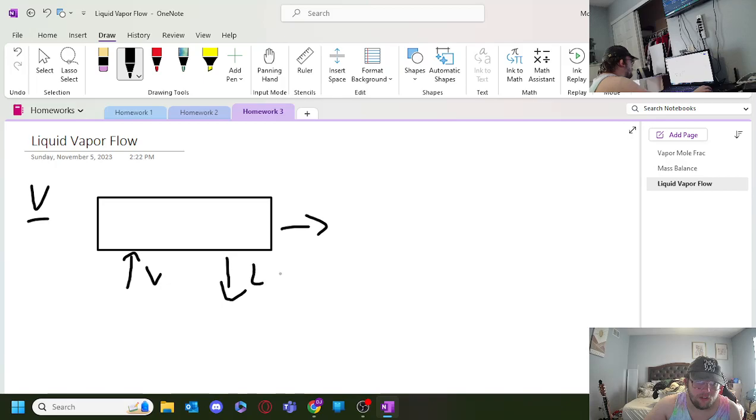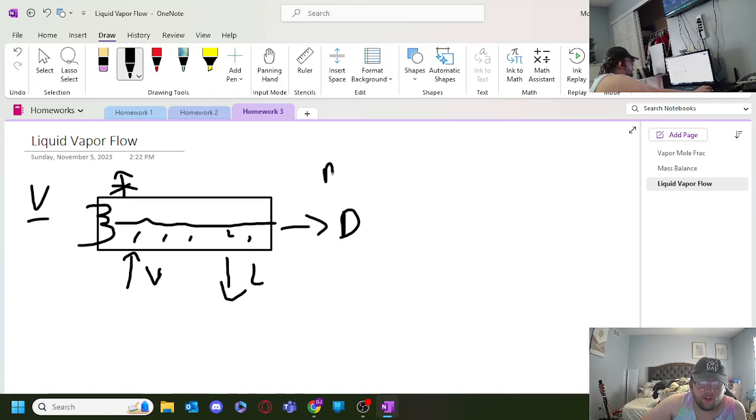Got our V, L, D. Now remember what I said about having a total condenser. So we got no flow coming out, and then we also have perfect reboiler control, meaning that this level is always constant. So M7 has to be equal to 0.